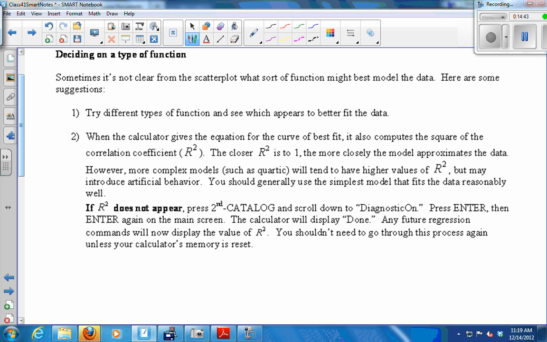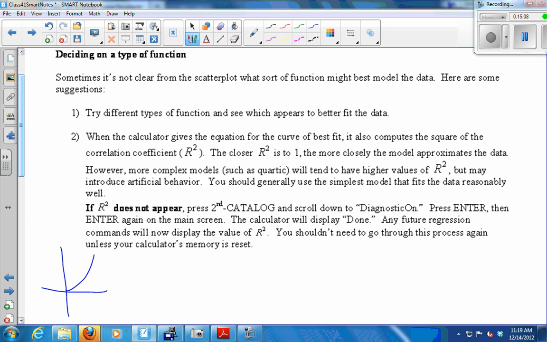So deciding on a type of function, what kind of regression are you going to do? You look at the shape of the graph and narrow it down. Okay, so you get the S curve, you know immediately what kind of function you're going to use. Okay, if you get something that looks like, say, this, you might try a quadratic or a power, right?